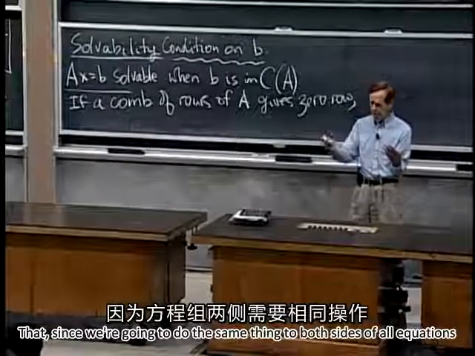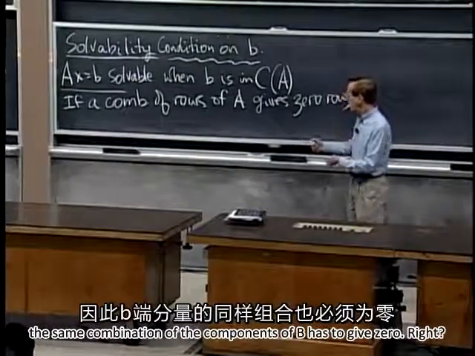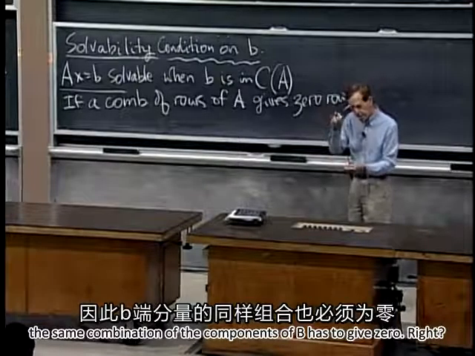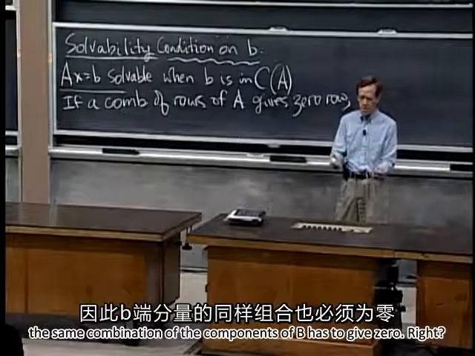Since we're going to do the same thing to both sides of all equations, the same combination of the components of b has to give 0, right?